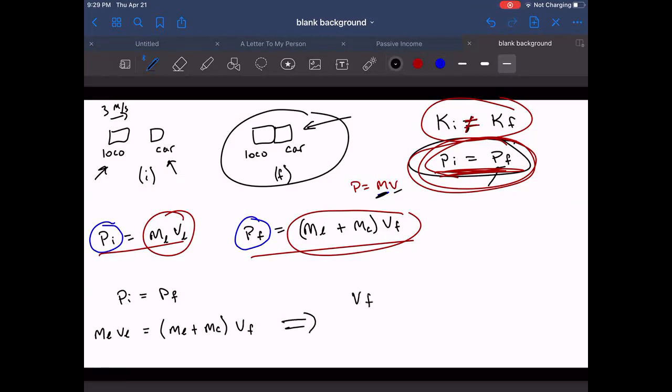So then VF is simply the momentum of the locomotive initially, divided by the combined masses at the end.